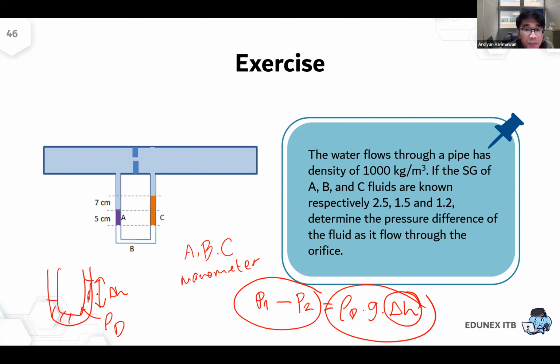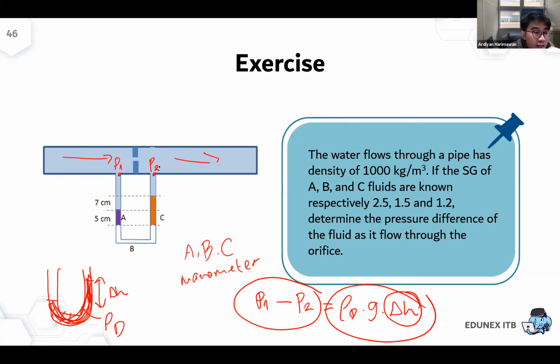But that only happens when you only have one fluid inside the manometers, beside the one that is flowing in the pipe, of course. But if you have more than one, you need to derive it. You need to derive the hydrostatic equation first, because the one that you want to know is basically the pressure difference between these 2 positions, right?